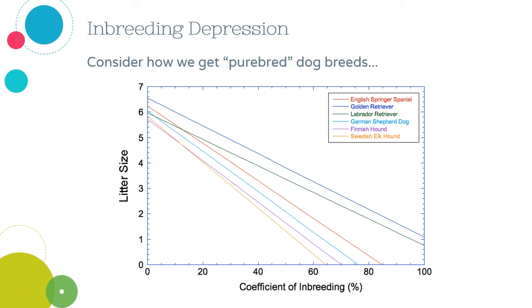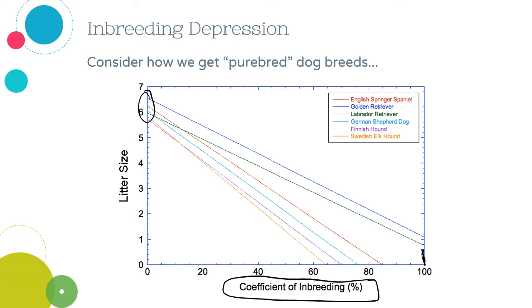So looking at the litter size and the coefficient of inbreeding, this has to do with how closely related the parents are. I think 100% is direct siblings with this inbreeding coefficient. So the litter size for most of these dogs, if they're not related to each other at all, would be somewhere around 6.